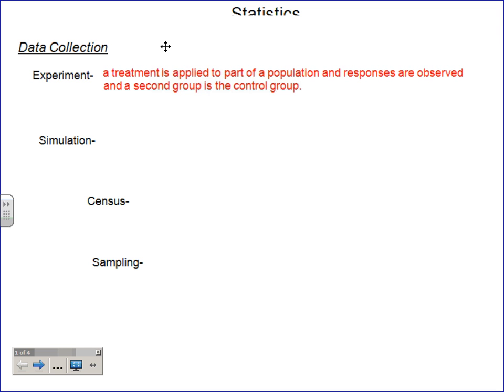But you do need a control group. If you don't have that, there's nothing to compare it to. And the responses here could be how they are reacting to that treatment. So that's an experiment.